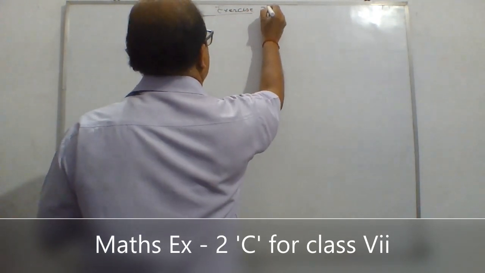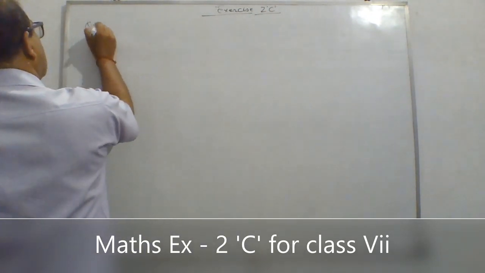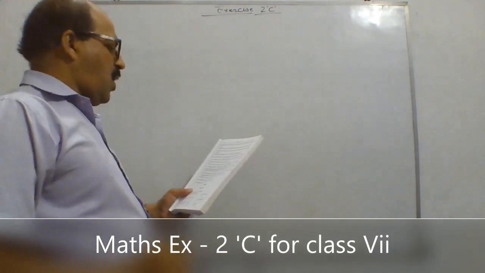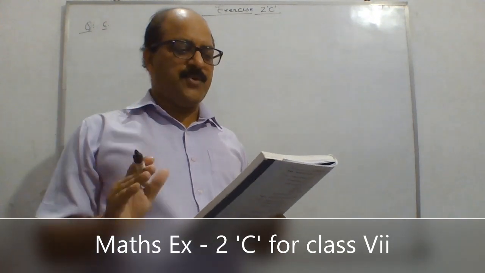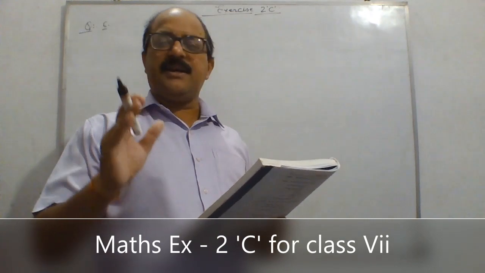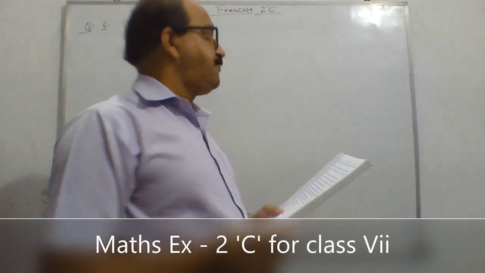Exercise 2C, question number 6. By selling oranges at the rate of 6 whole 3 by 4 rupees per orange, a man gets rupees 378. How many oranges does he sell?